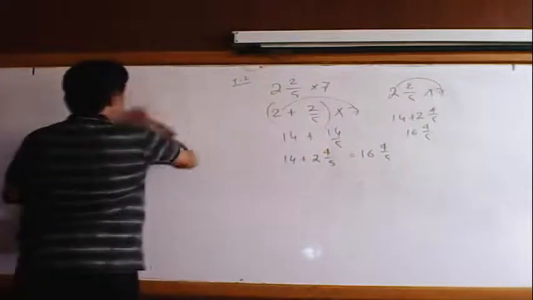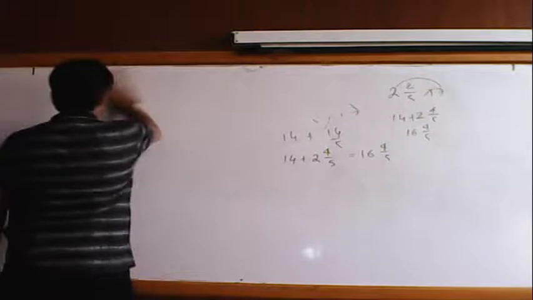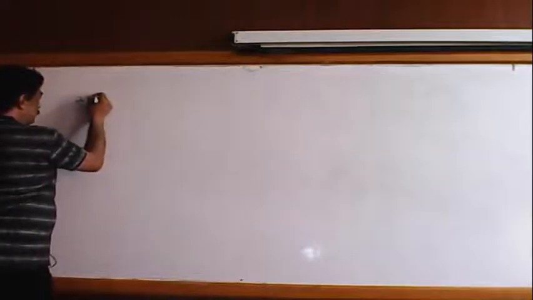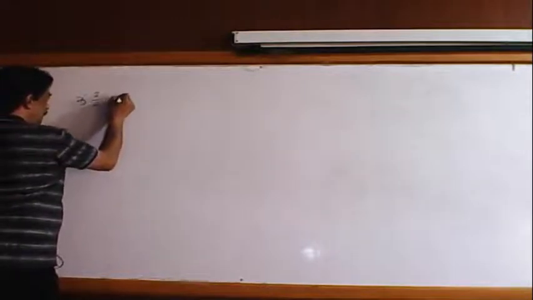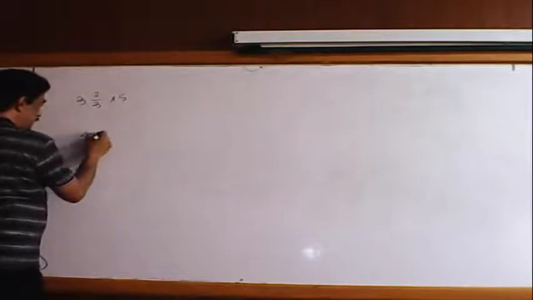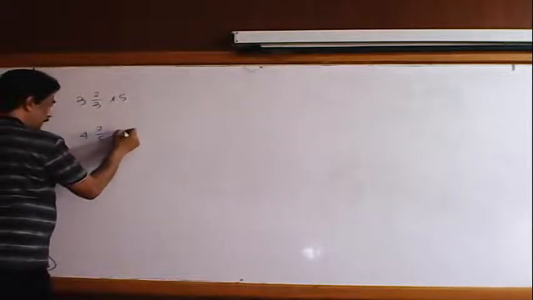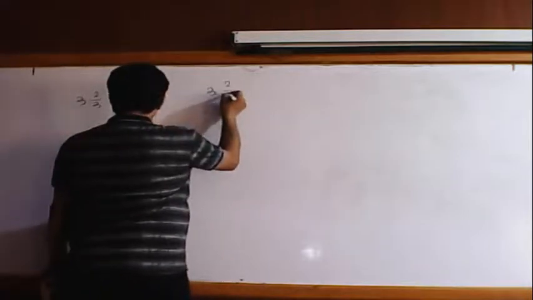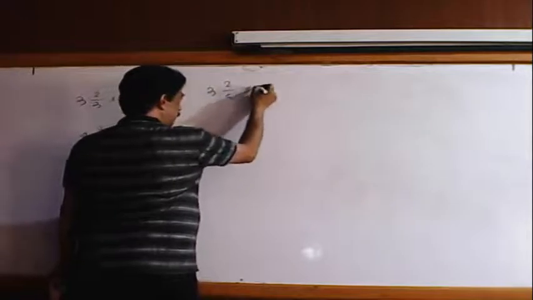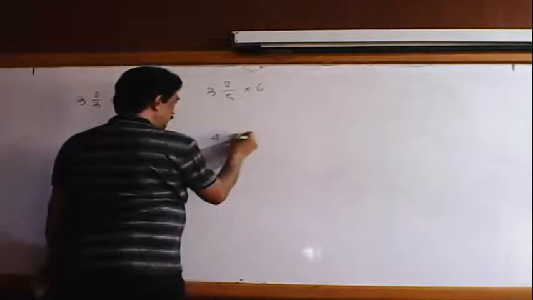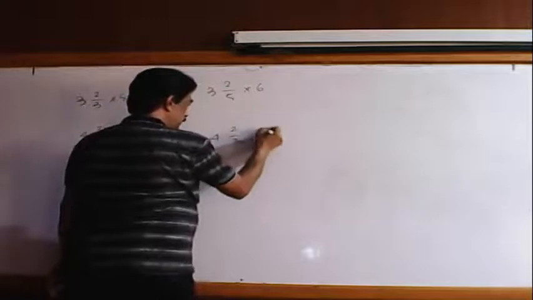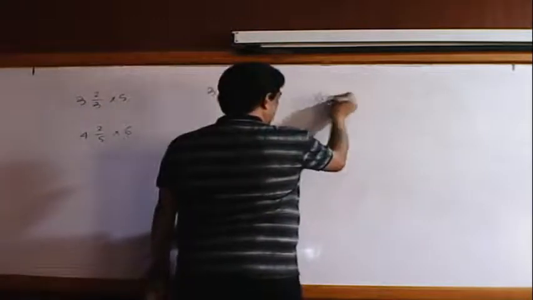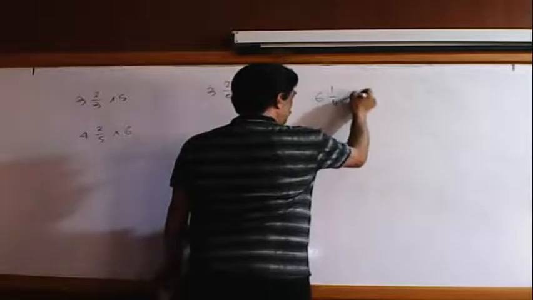Now, remember different types of questions. 5 and 2 by 3 multiplied by 5, 4 and 2 by 5 multiplied by 6, 5 and 2 thirds, 2 fifths multiplied by 6, 4 and 2 thirds multiplied by 7, 6 and 1 fourth multiplied by 5.